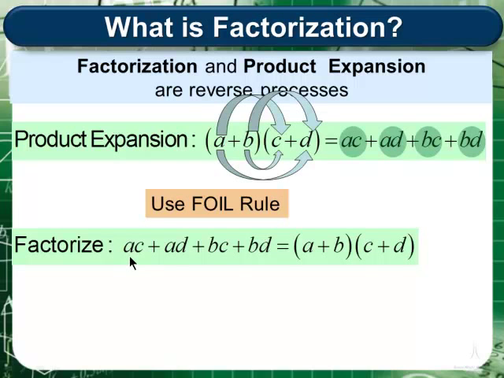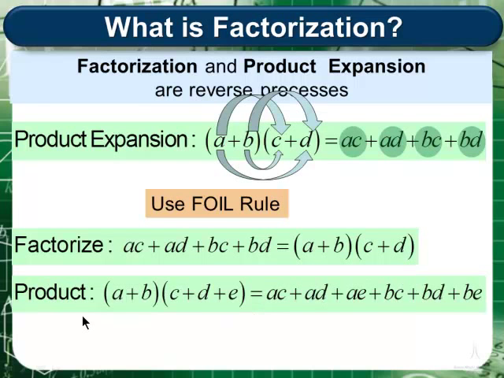It's much more difficult, obviously, to factorize an expression than it is to expand an expression. So let's look at another case, the product of a binomial and a trinomial. If we expand, we can write it in a systematic way. We can write it in this format as a sum of terms.